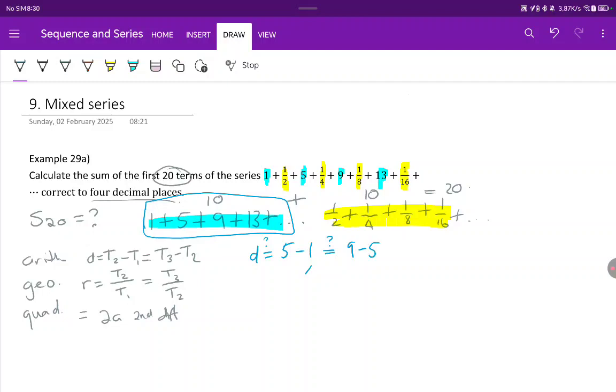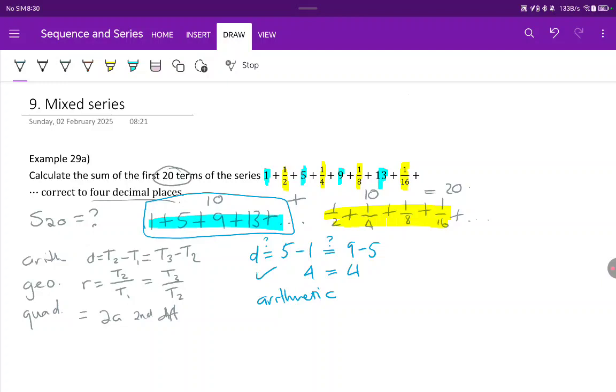So 5 minus 1 is 4, and that is equal to 9 minus 5, which is 4. Therefore, this is arithmetic. Okay, so I know the blue sequence is arithmetic. Since it's arithmetic, I now don't have to check if it's something else, because I know, yes, it is arithmetic.